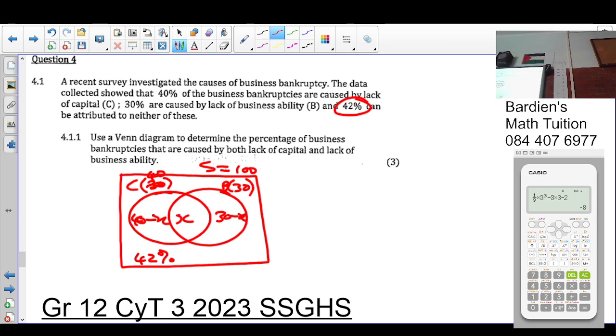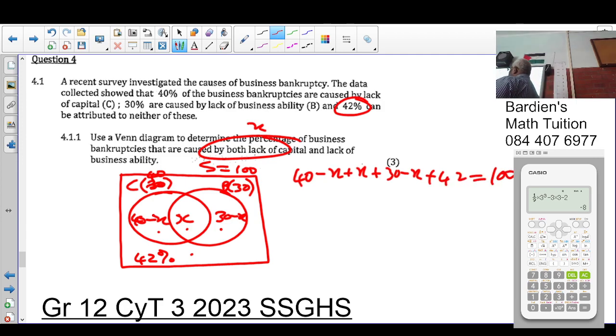Using the Venn diagram, determine the percentage of business bankruptcy that is caused by both. So I need both, which is actually equal to X. So in other words, all these parts here, 40 minus X plus 30 minus X, plus 42, is going to give an answer of 100%. They must all add up to the sample space.